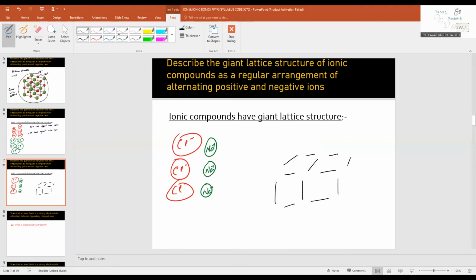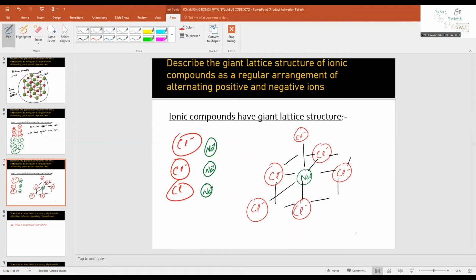If I am placing a sodium ion in the middle, there are still negative ions surrounding this Na positive ion, like this.